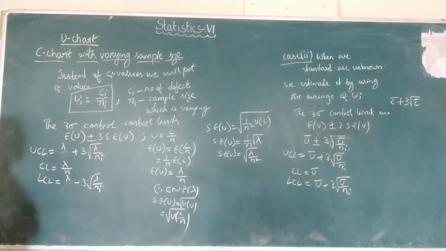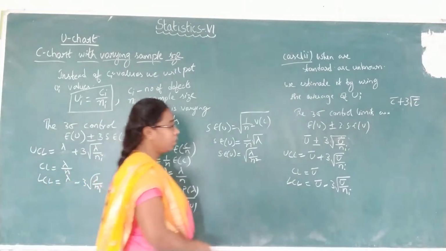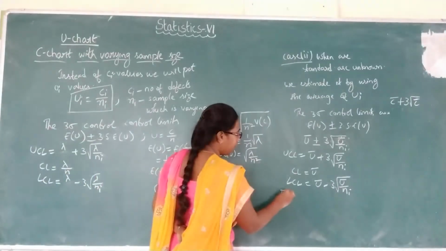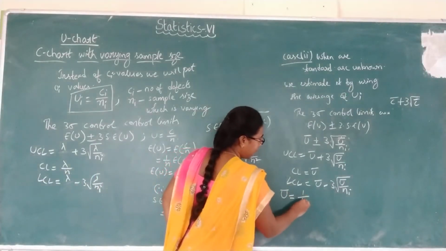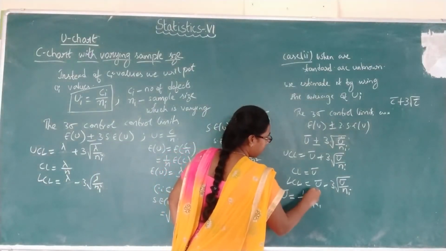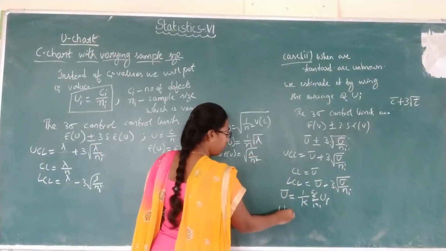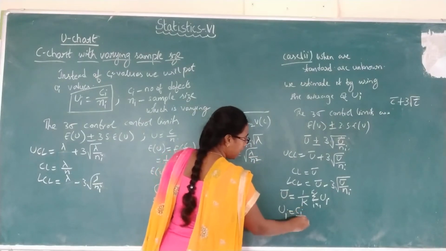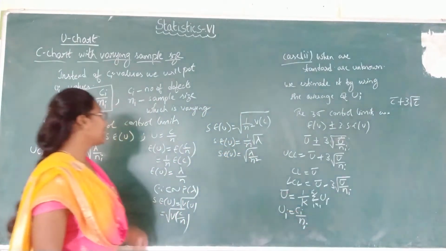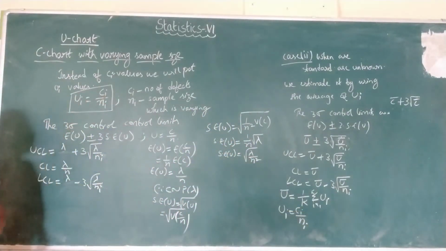If you consider the U chart, these are the control limits, and what is the u bar value? U bar equals 1 by k summation of i equals 1 to k ui. And what is the ui value? Ui equals ci by ni, where ci is the number of defects and ni is the sample size.